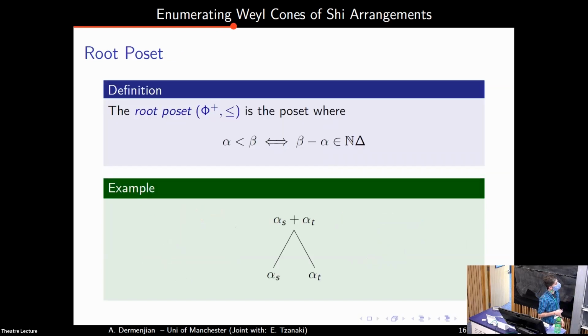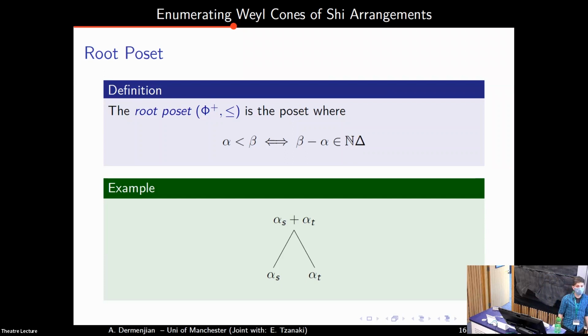Another thing we're going to need is what's called the root poset. The root poset is a nice little poset on the root system itself, where alpha is less than beta if and only if beta minus alpha is some positive linear combination of the simple roots. Here on the bottom, I have a Hasse diagram for the A2 root poset.